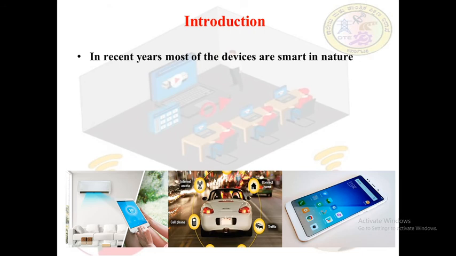We call them smart because they are able to adjust themselves without any human intervention to the changing environment. For example, the air conditioner is able to adjust itself to the varying heat load so that it maintains the temperature of particular space to the desired level.